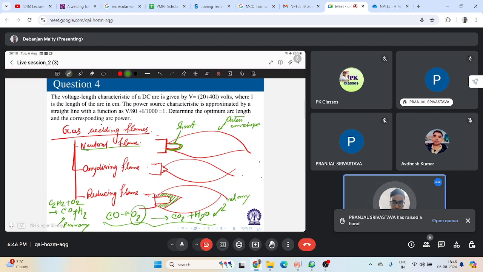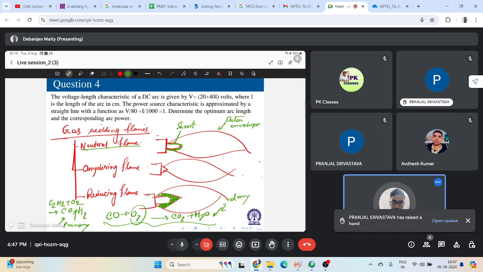If you see over there, the reducing flame also you can differentiate with the sounds also. Now, if you see the colors, it will be some kind of greenish color, that will form in between inner core and outer envelope.